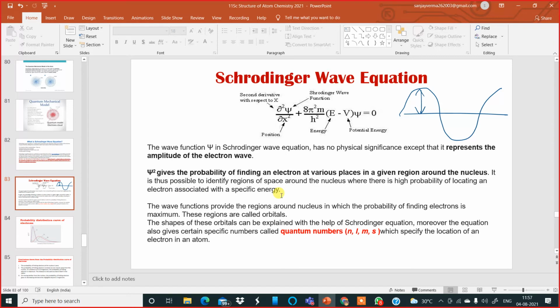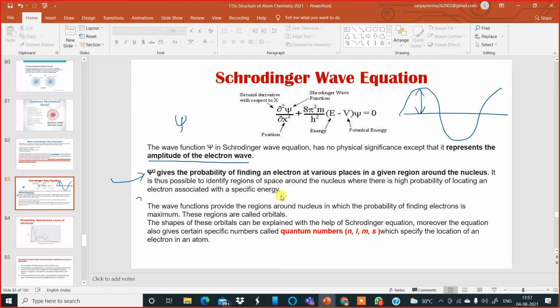So these are the two important things. Psi helps us understand the amplitude of the electron wave. It is not so significant physically, but what is more important is psi square. Psi square helps us get the probable location of the electron in the various regions around the nucleus in an atom. That is why psi square becomes important.